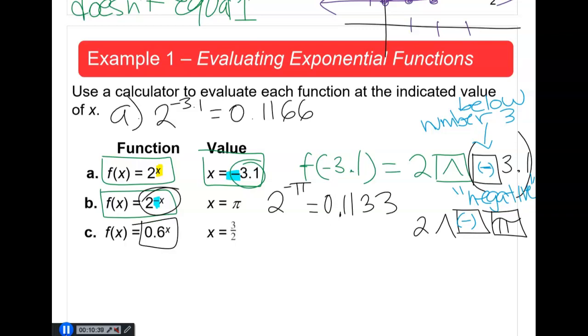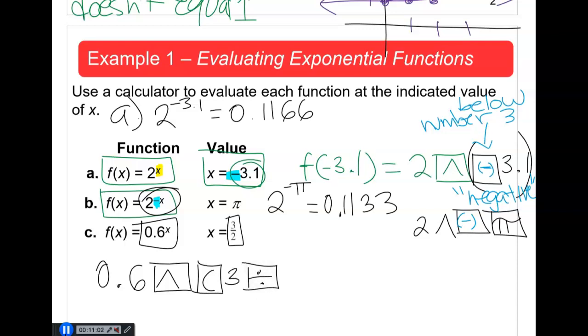And then finally here we will enter 0.6, then the caret symbol. And then here for x, we have a fraction. Here I'm going to strongly recommend that you enter parentheses. So opening parentheses, and then 3, and then the division key, and then the 2, and then the key with the closing parentheses. It's very, very important that you keep parentheses around a fraction so that the whole thing is part of the exponent.